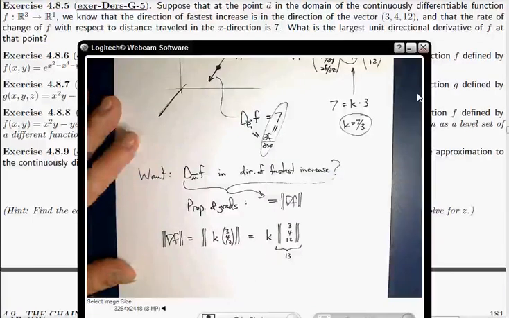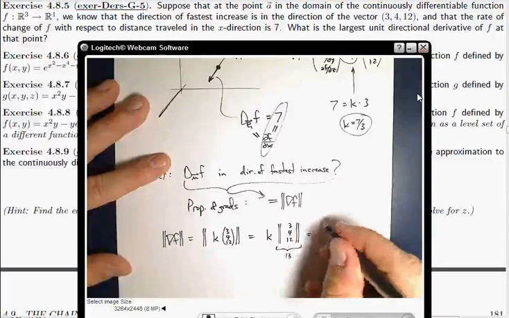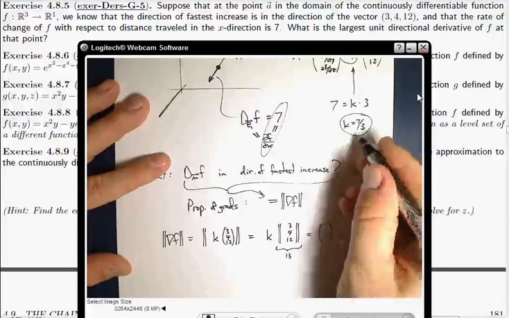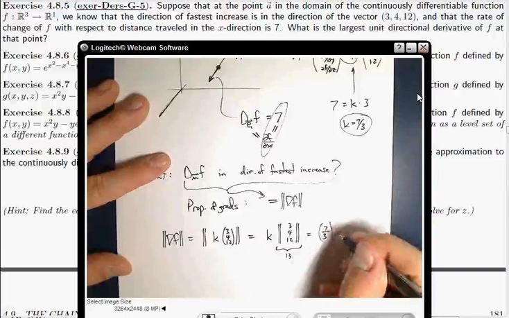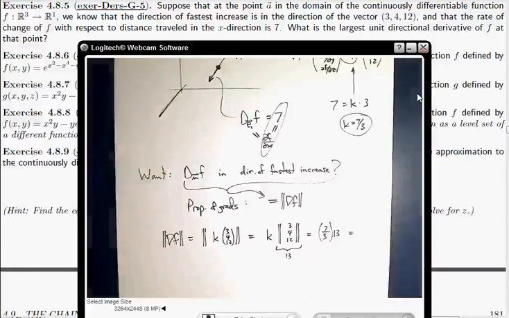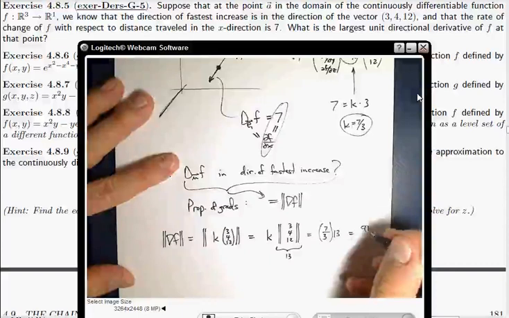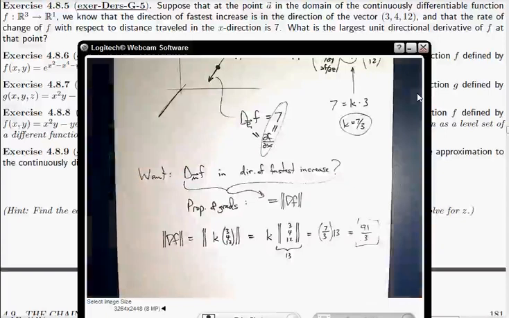That's just arithmetic, but it's integer arithmetic, so it's kind of convenient. And so what I've got is k, which I already computed as 7/3, times 13, and that gives me 91/3. That's our answer. Yep. Everybody happy with this one? Okay.